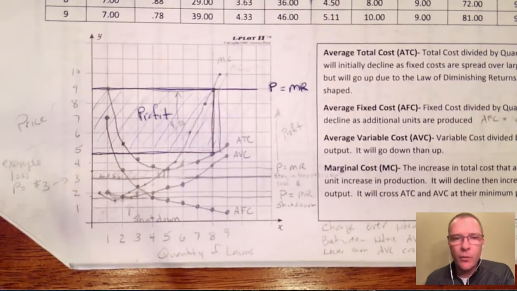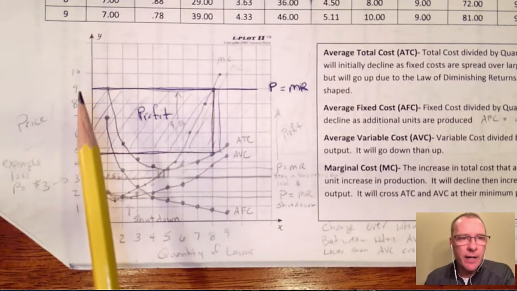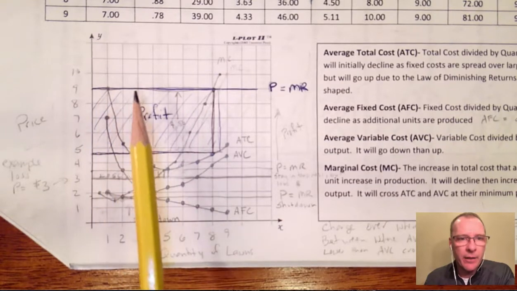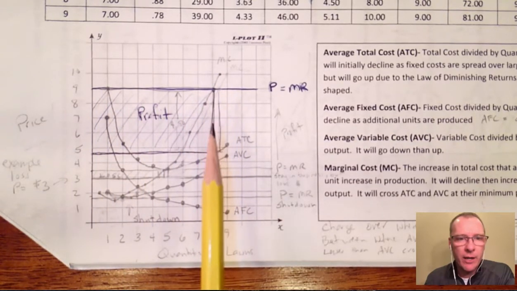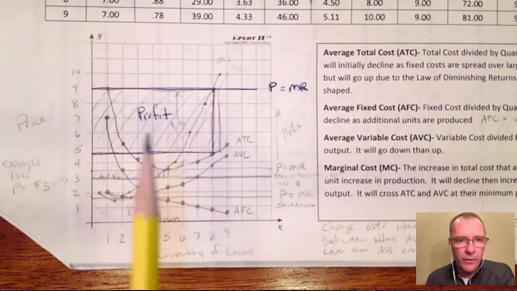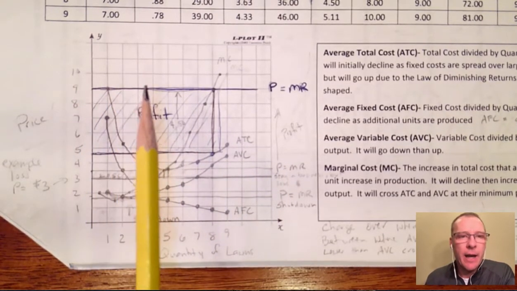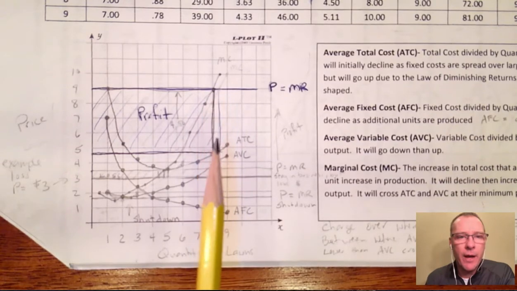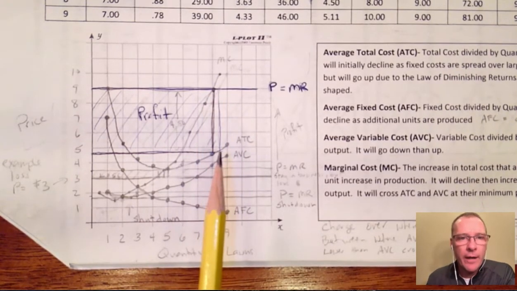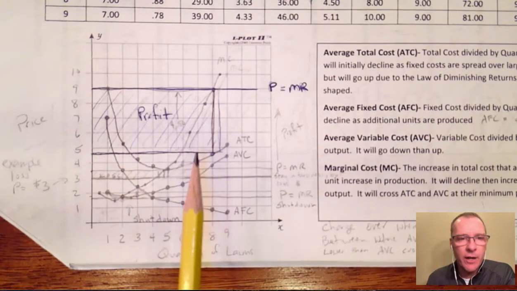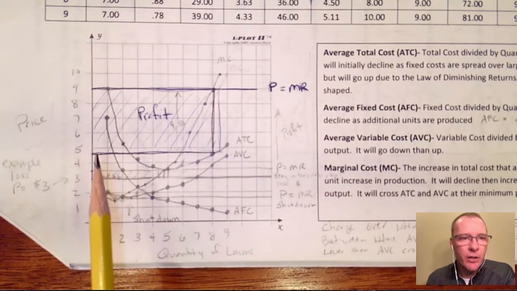The other thing we can do when we see this graph is take the price of $9, and we can come down and check our total revenue, but we can also see our profit. If I take my $9 and come down to my average total cost curve, like right here, and I square that in, you're going to see that it hits at $4.50.